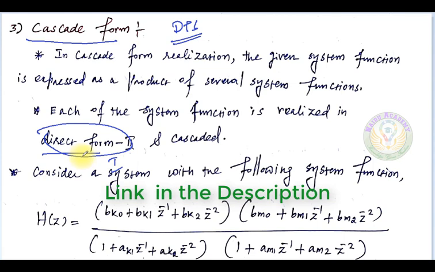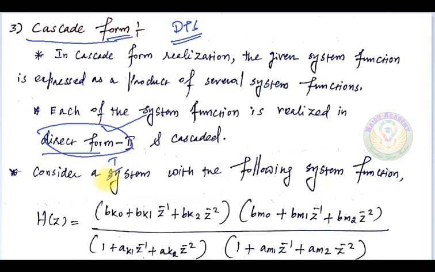Particularly refer to the direct form 2 video, because without knowledge of direct form realization we cannot implement a system using cascade form, since we are going to use the direct form realization in the cascade form. So the knowledge of direct form 2 realization is really important to understand cascade form. Okay, now we will continue this video.